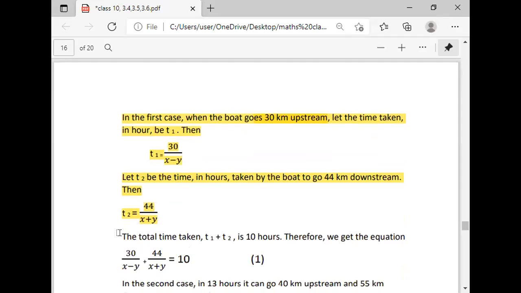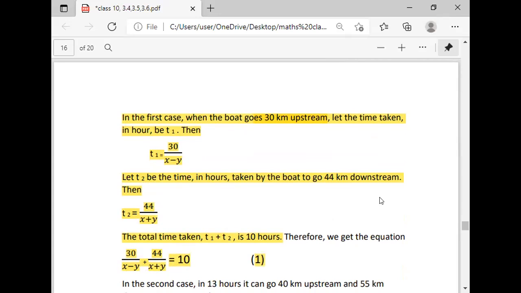So now let us see the total time taken. That is, t1 plus t2 is 10 hours. It is given to you. But what are t1 and t2? We have just found them out. So we can write 30 by x minus y plus 44 divided by x plus y is equal to 10, and we are calling this equation 1.